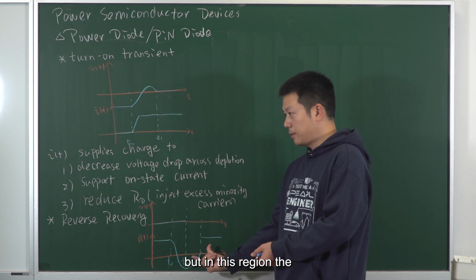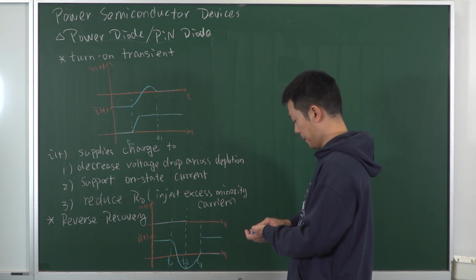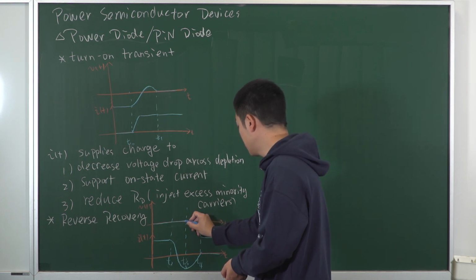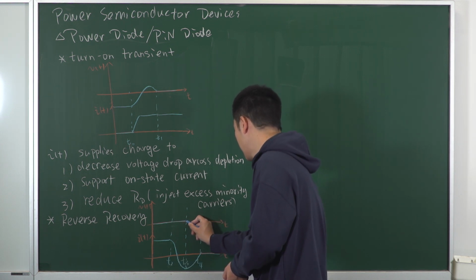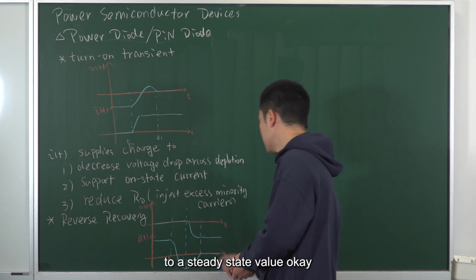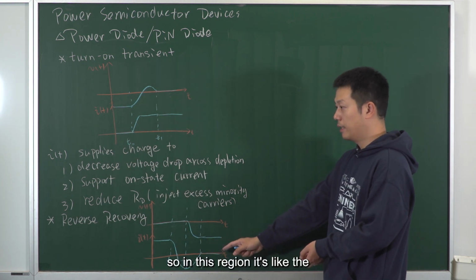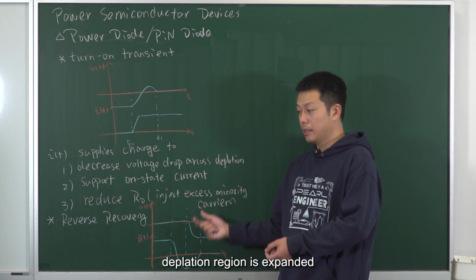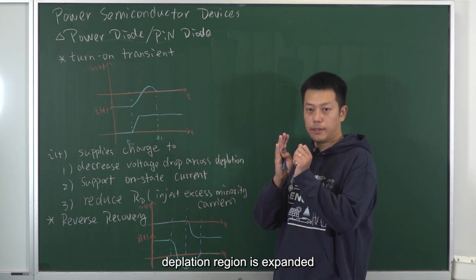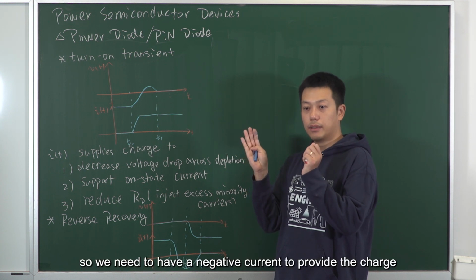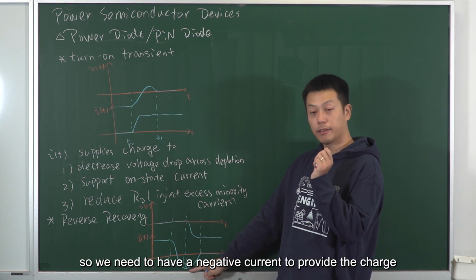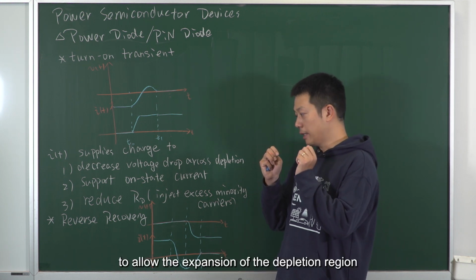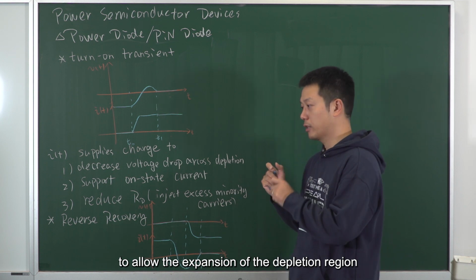But in this region, the voltage across it begins to increase negatively to a steady state value. Okay, so in this region, the depleted region is expanded. So we need to have an active current to provide the charge to allow the expansion of the depletion region.